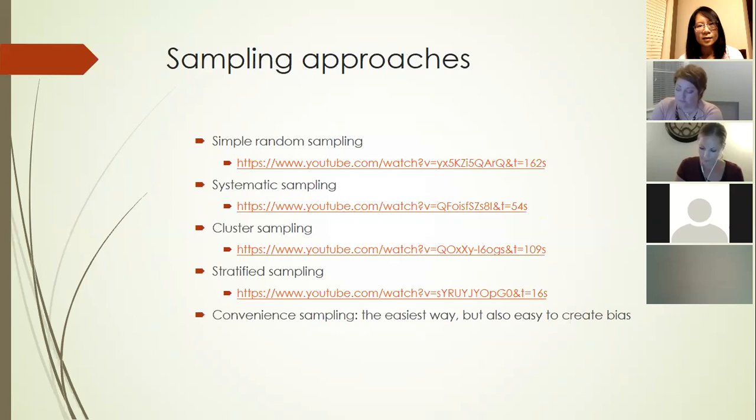The first one is called SRS, that's a simple random sample. What this does is kind of like a random draw from a lottery.